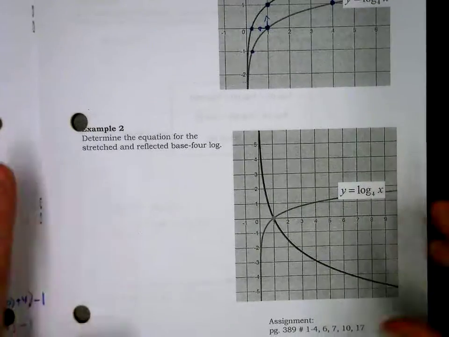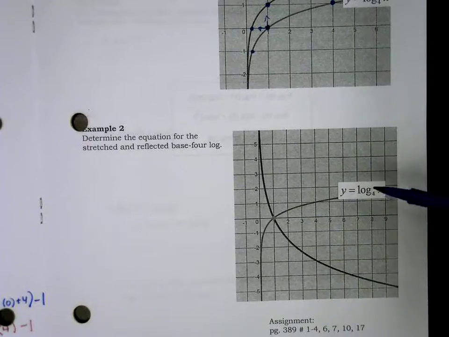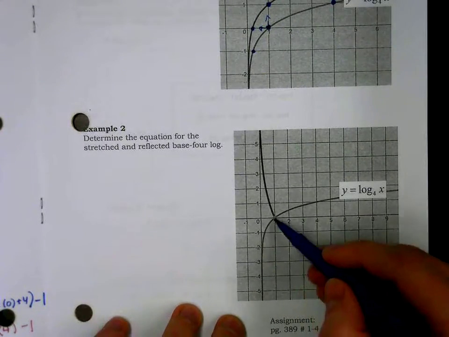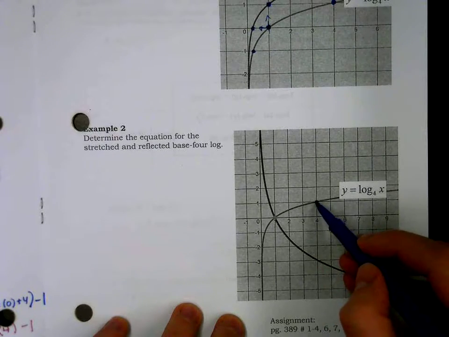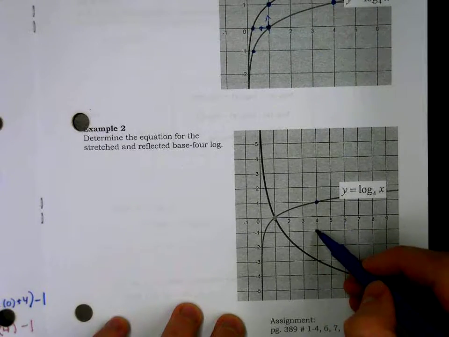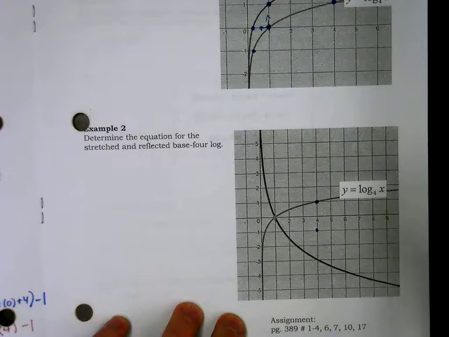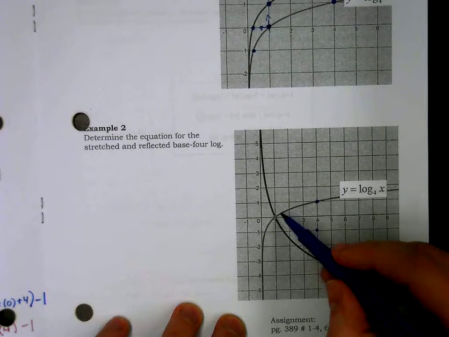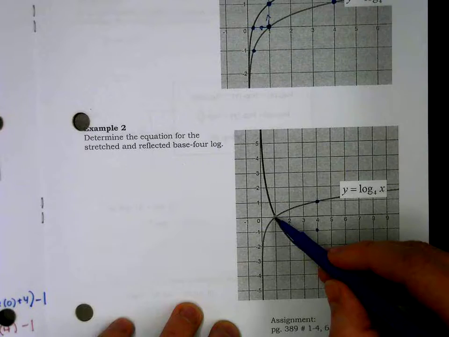One more at the very, very bottom, and what happens in this one is it looks like that same exact graph has been flipped vertically about the x-axis, and I do see that if this were to be flipped, maybe this point at 4, 1, when it flips, should go through here, but it doesn't. I see that this y value of 0 has not changed, so that kind of tells me that this has been vertically stretched.